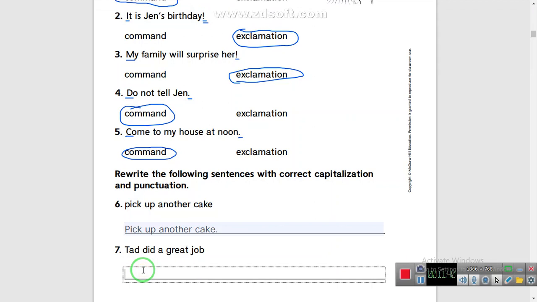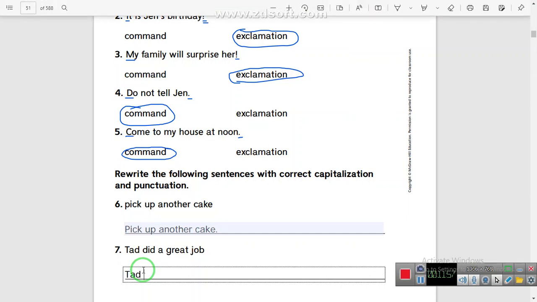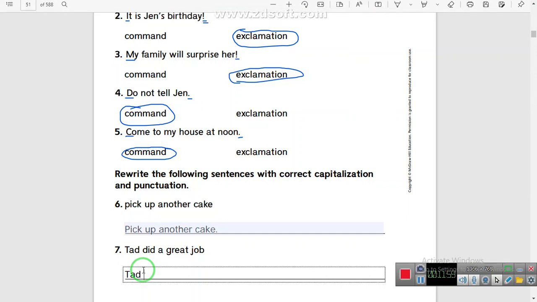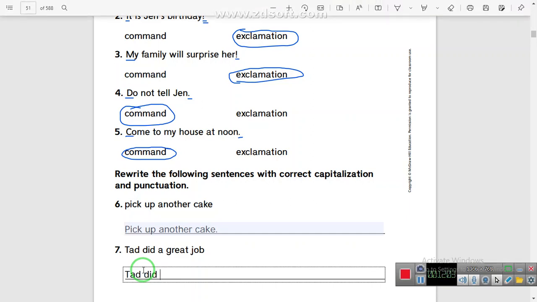Number 7. Tad did a great job. Here they are showing that they are very happy because Tad did a great job. They are proud of Tad. He did a really amazing job, right? So it's obvious that it is an exclamation. That's right. So we will rewrite it correctly.